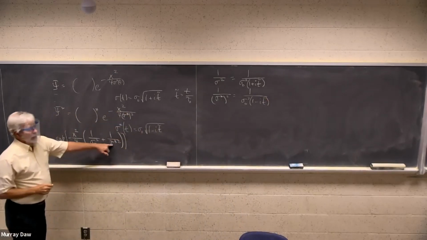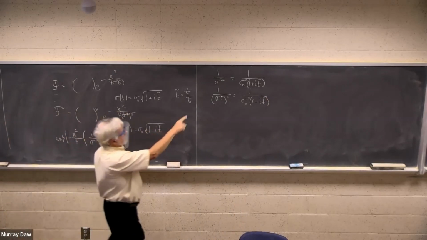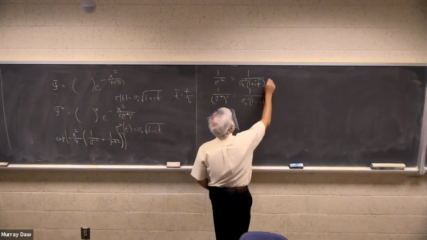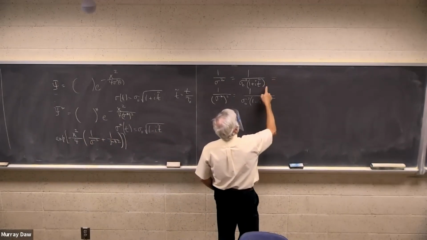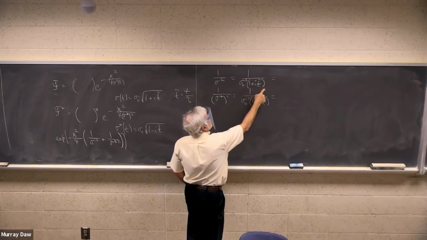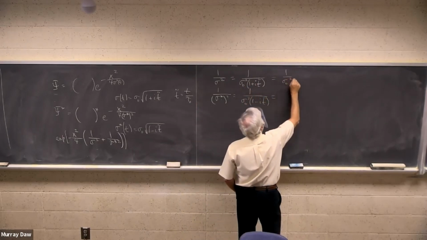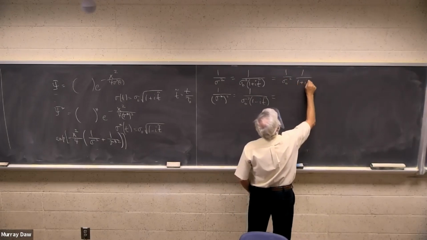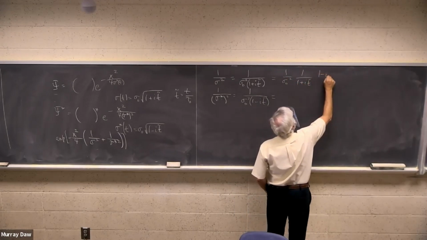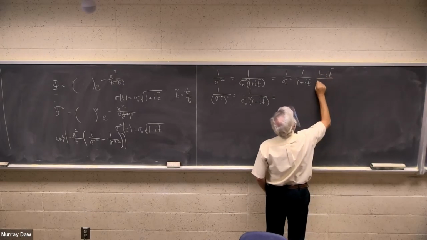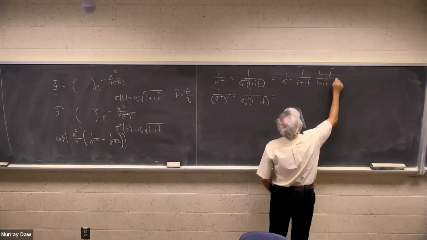We want to add those two together. To add two complex numbers, it's going to be easier to rationalize. That is, multiply by the complex conjugate. So we have 1 over sigma naught squared, 1 over 1 plus i tau tilde, multiplied by the complex conjugate. This will simplify.